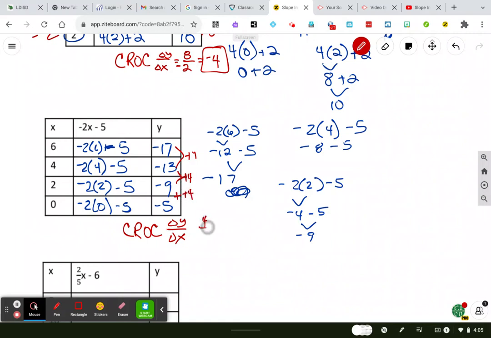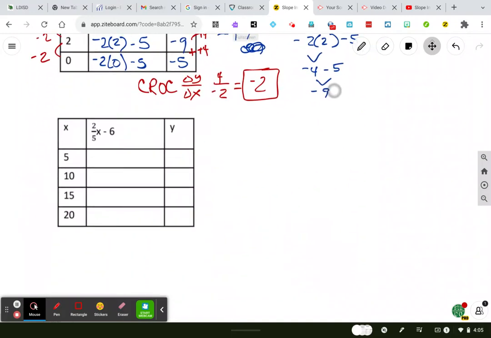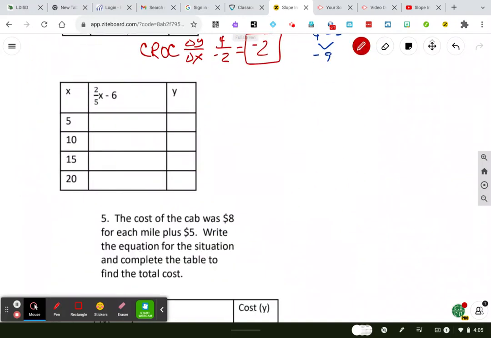And down here, the x's are decreasing by 2. And 4 divided by negative 2 is negative 2. So my constant rate of change there is negative 2. All right, let's go to the next one. Now it says 2/5.